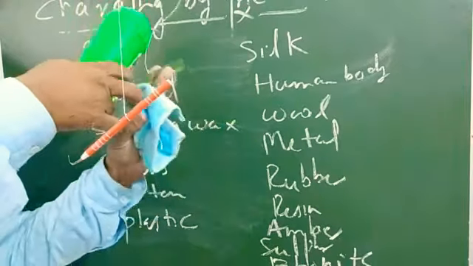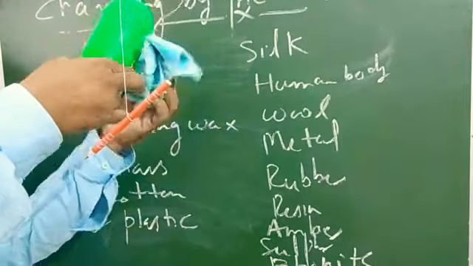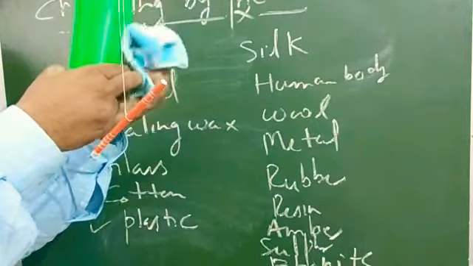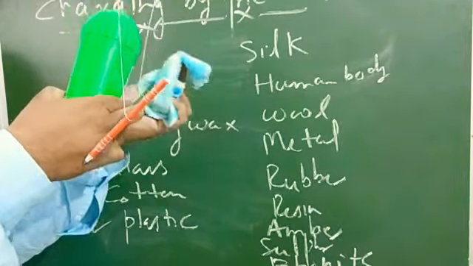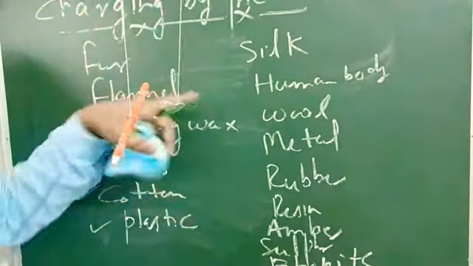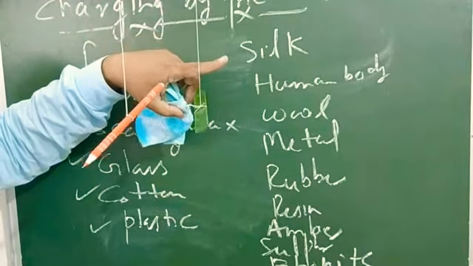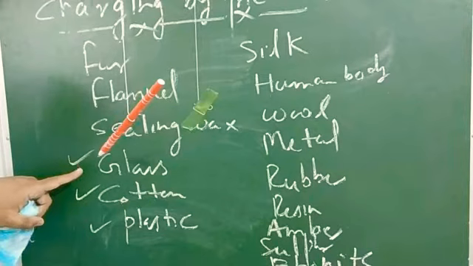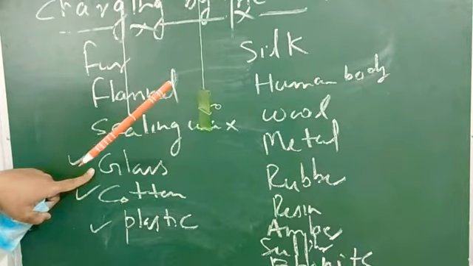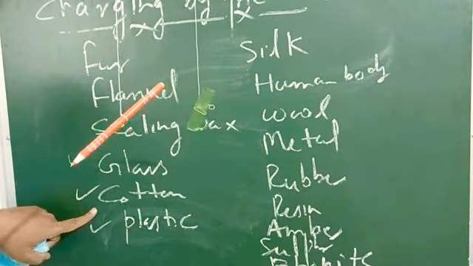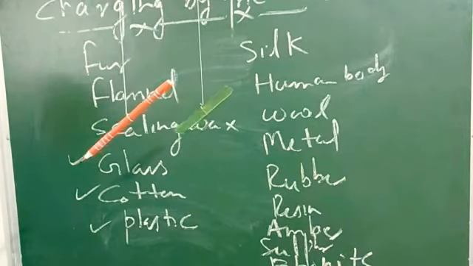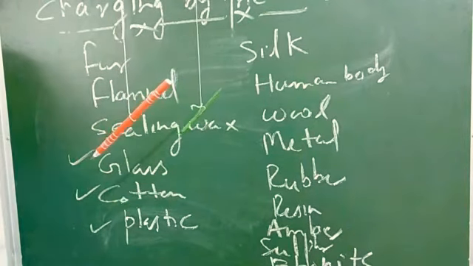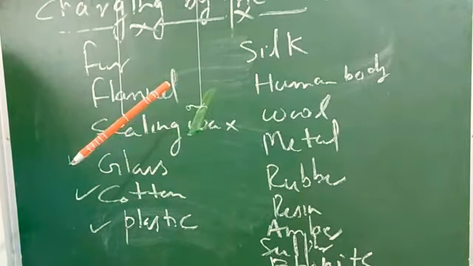Now I am rubbing this glass with cotton, and from the series, glass will be positively charged and cotton will be negatively charged, and plastic is also negatively charged.